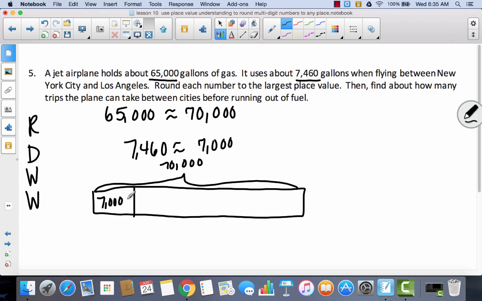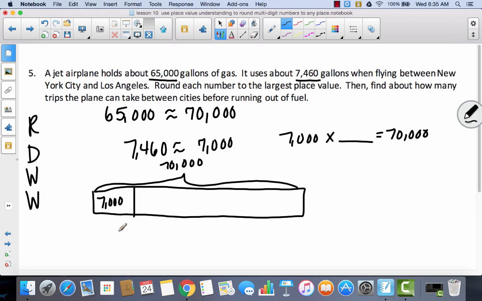So I want to know how many 7,000s I can get out of 70,000. So I'm basically asking this number sentence. 7,000 times what equals 70,000? Or how many times does 7,000 go into 70,000?